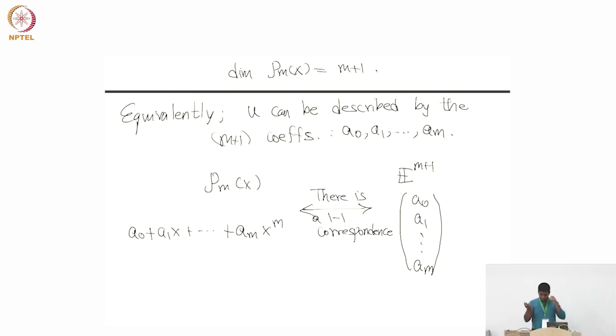So given a polynomial, I can extract the coefficients and write a tuple, which then can be thought of as an element of the vector space E^m or E^(m+1) in this case, right?